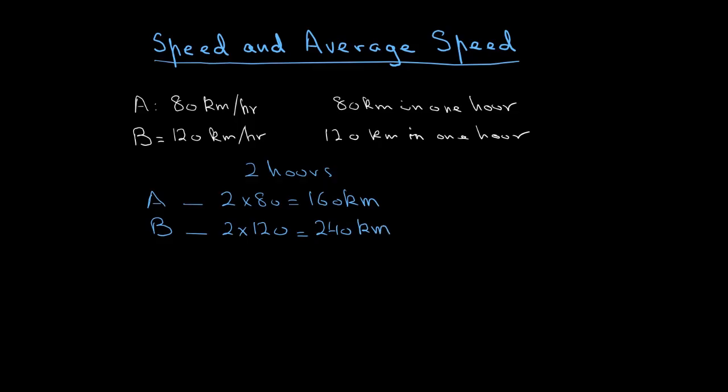Okay, so as you can see, this is the total distance traveled. So this would be the total distance traveled. This is the total time taken, and this is what we mean by the speed.